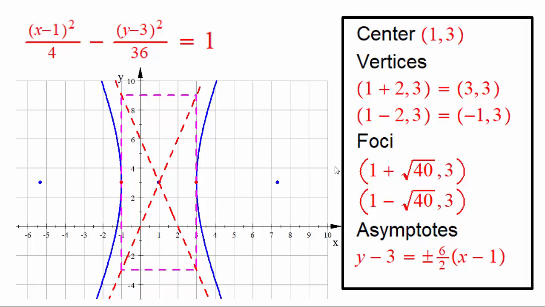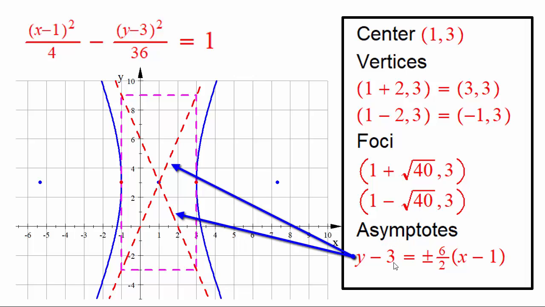So to graph it, you're first going to plot the center, which is (1, 3). So we have x coordinate 1, y coordinate 3. So here's our center. Then use your a and b, which is the 2 and 6. So you're going to go 2 to the left, 2 to the right, 6 up, 6 down, and then create this rectangle as a guide, because the diagonals of those rectangles are your asymptotes, which is right there.